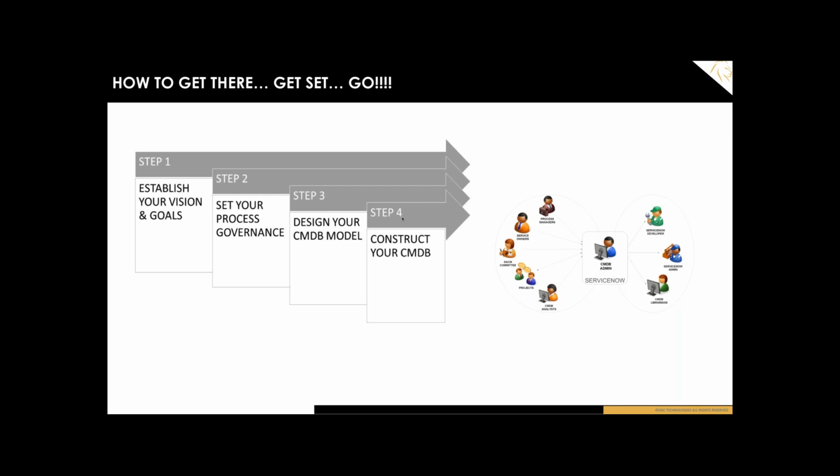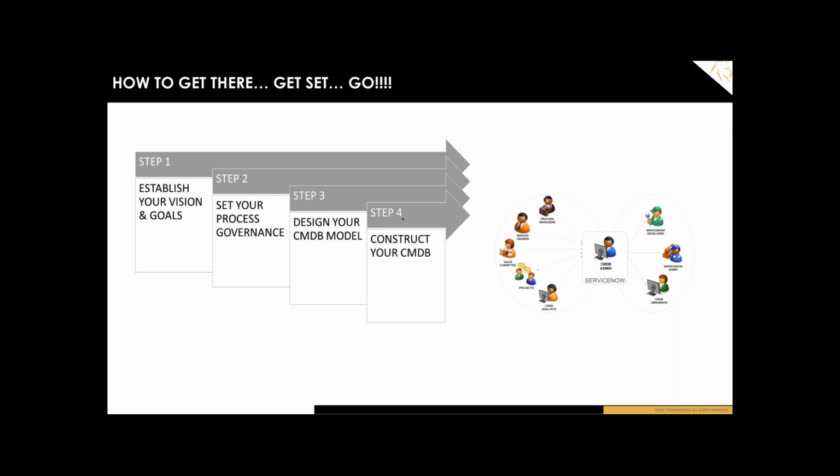Once we have steps 1, 2, and 3, which have nothing to do with the tool sets that we have chosen, then we can move into step number 4, which is construct that CMDB. Constructing the CMDB is based on the tool sets that we have chosen. So if I'm running ServiceNow Discovery and ServiceNow Service Mapping, constructing that CMDB is different than if I don't have a tool, or if I'm using any other CMDB tool sets out there.